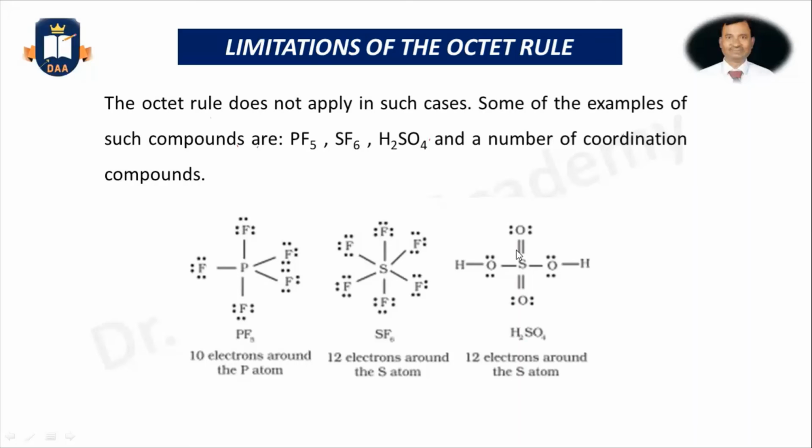So 4 electrons, down 4 electrons, inside 2 electrons, that is 10, and left side 2 electrons, 12. So 12 electrons around the sulfur atom. So this is the expanded octet formation.